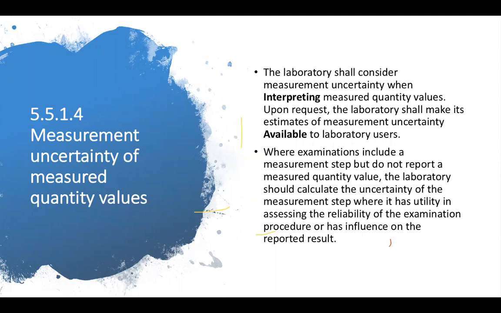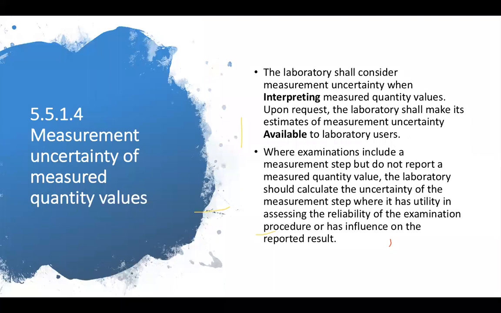Now, suppose you are running positive controls: 1.22, 1.18, 1.23. When you are getting some variation, you can calculate the standard deviation also. If you multiply that standard deviation by 2, you will get the measurement uncertainty.